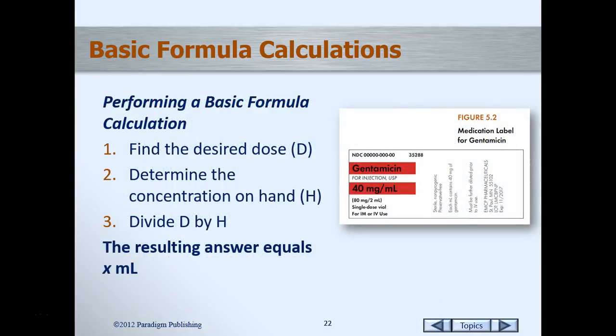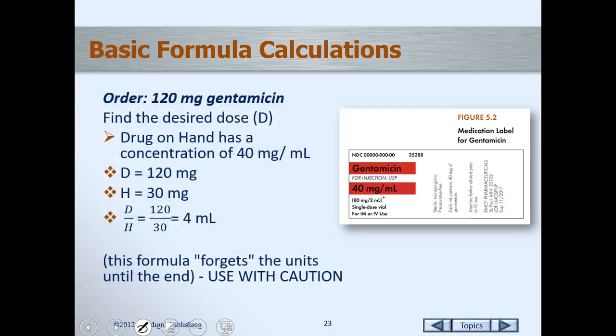So using this, finding the desired dose, D, we would have to be given by the physician, determine the concentration on hand. So in this case, that would be our 40, and it's over 1 milliliter. So it would be whatever the order is divided by the 40 gives us our answer.